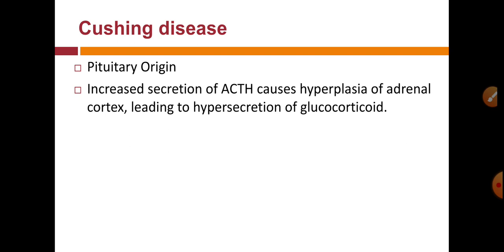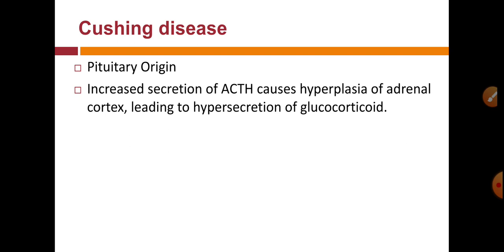Why does increased secretion of ACTH cause hyperplasia of adrenal cortex? Because ACTH has an important action, that is stimulation of the adrenal cortex. When there is increased secretion of ACTH, there is increased stimulation of the adrenal cortex, and continuous stimulation leads to hyperplasia of the adrenal cortex.